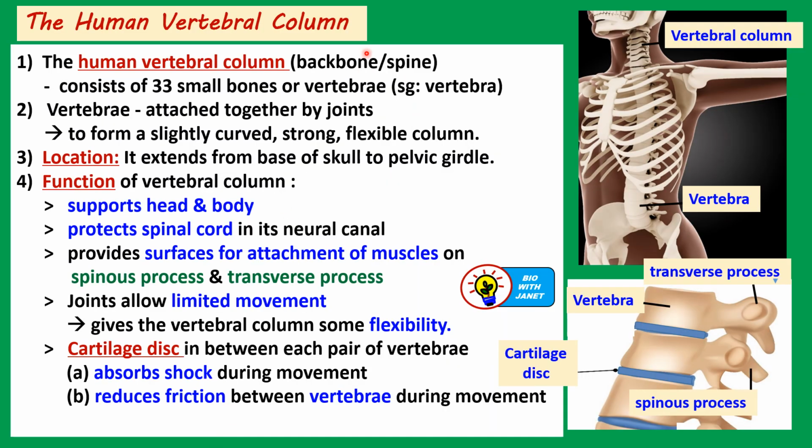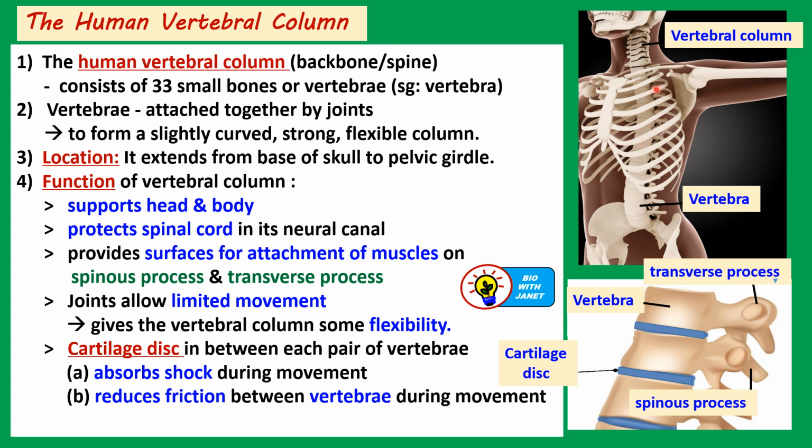In our syllabus, we have to focus on the vertebral column, which is sometimes called the backbone or the spine. The human vertebral column consists of 33 small bones or vertebrae. The singular form is vertebra. The vertebrae are attached together by joints to form a slightly curved, strong and flexible column.